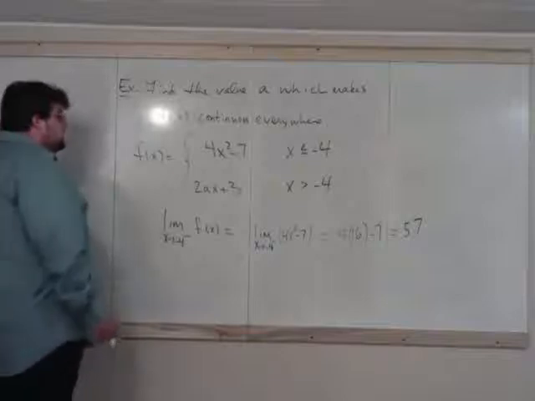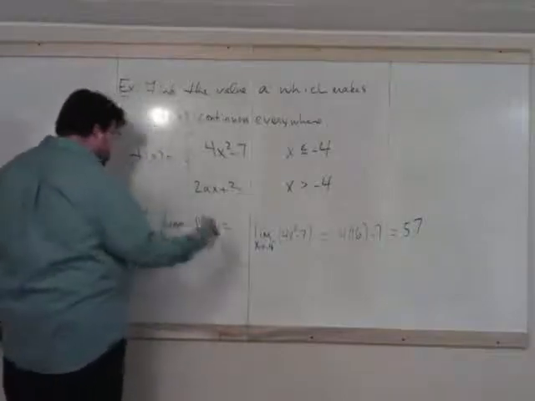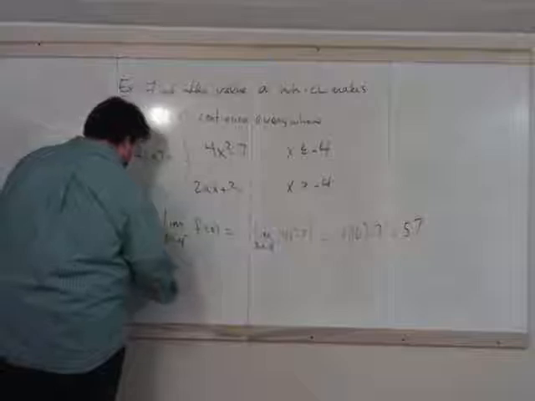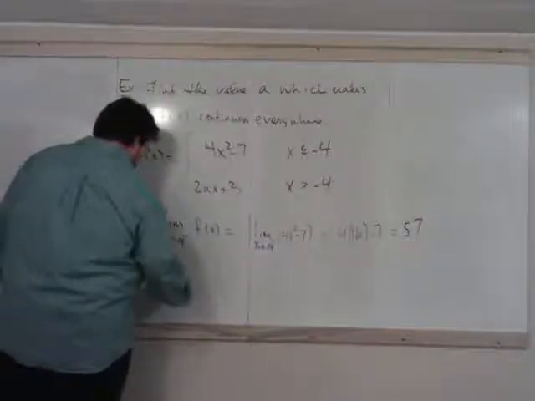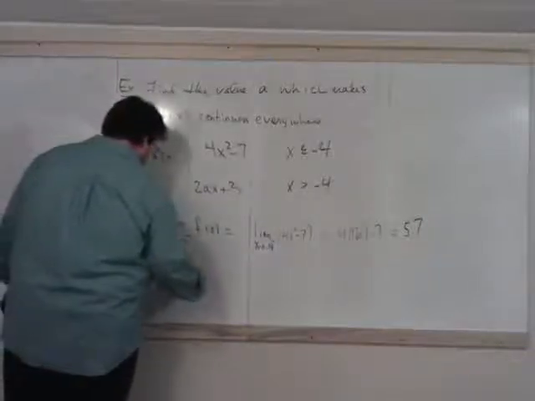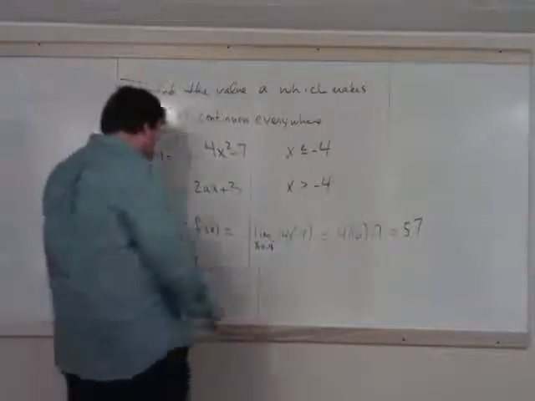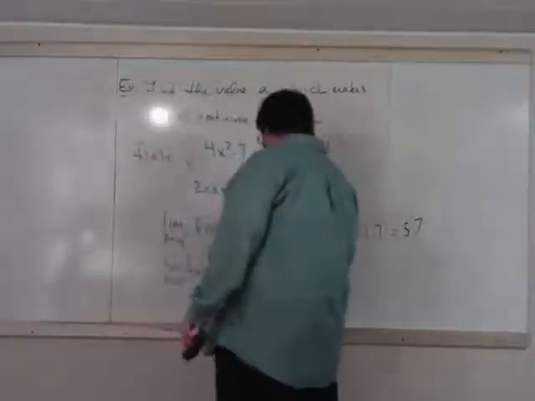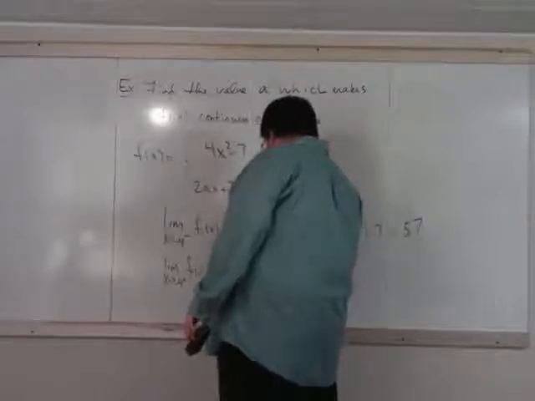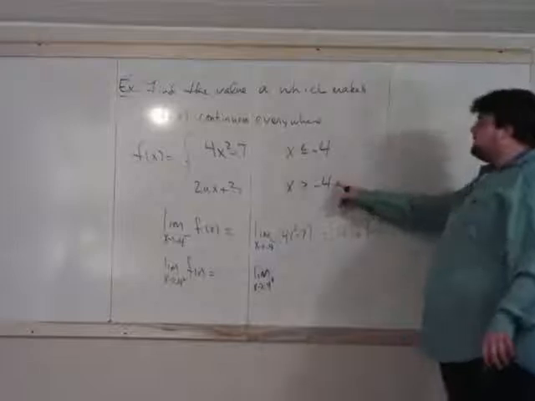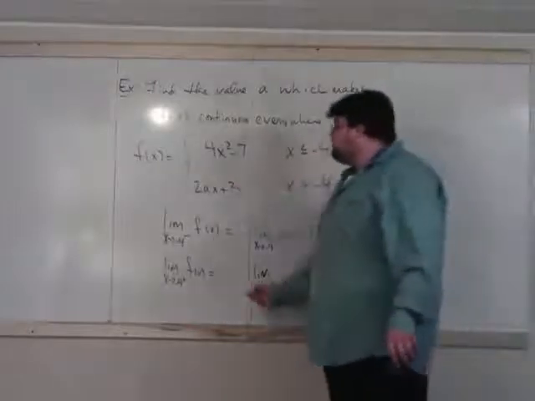No. We want this function to be continuous at negative 4, which means we want the limit on the left to be the limit on the right. So let's now take the limit on the right. To the right of negative 4, this function is defined as 2ax plus 3.